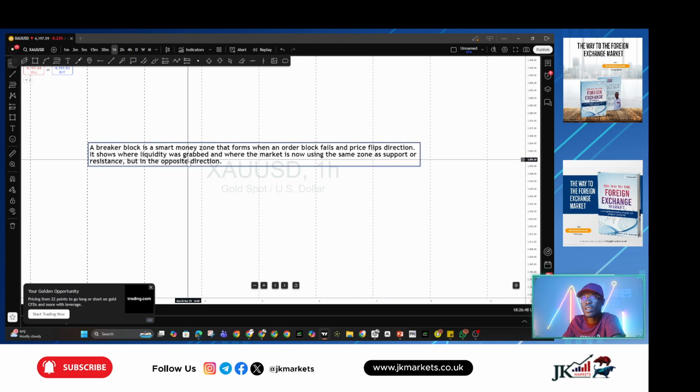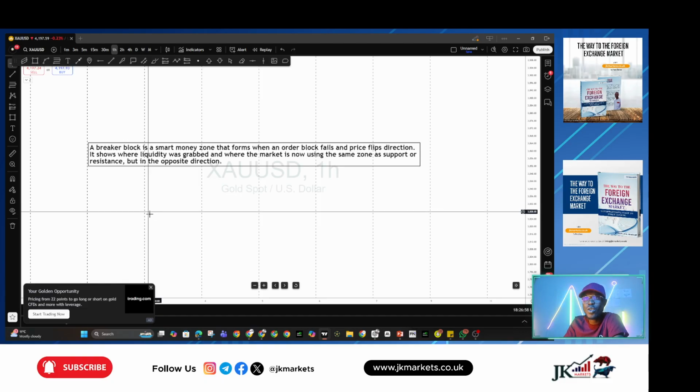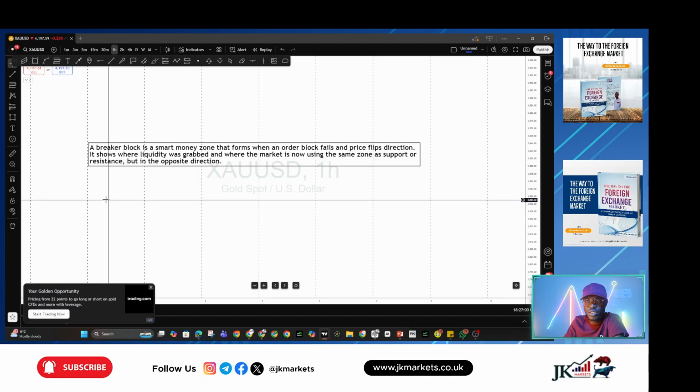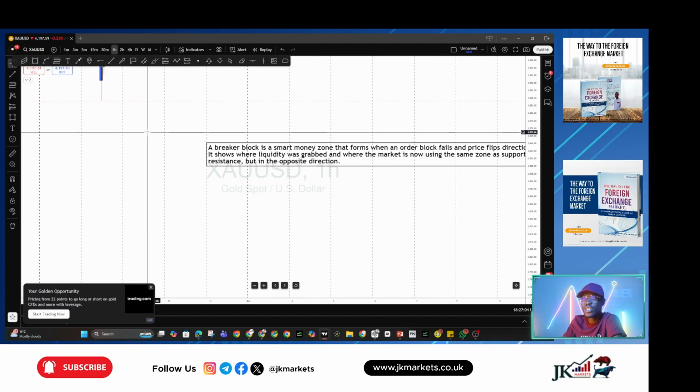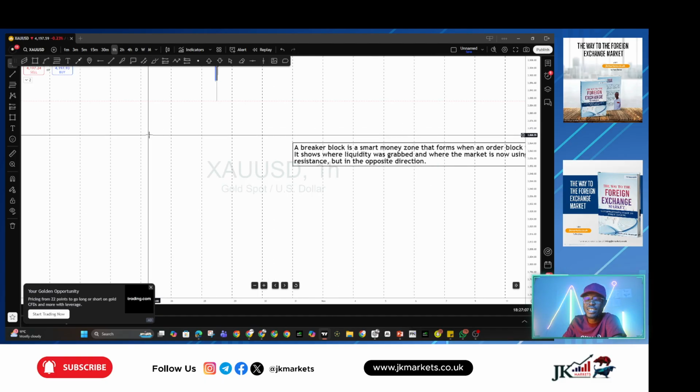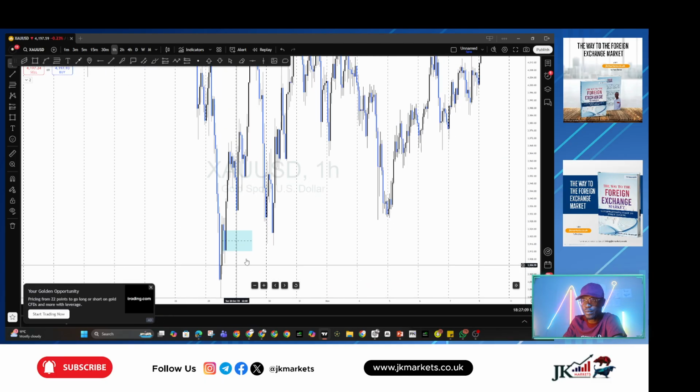It shows where liquidity was grabbed and where the market is now using the same zone as support or resistance. Okay, so that's what I refer to as role reversal. Okay, so role reversal zones, there is likelihood that there is a breakout block there.